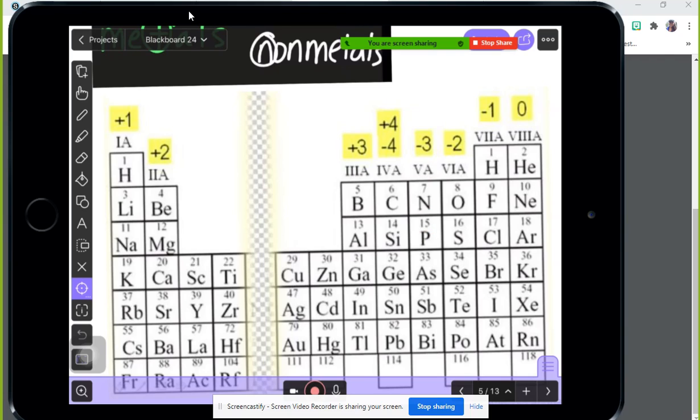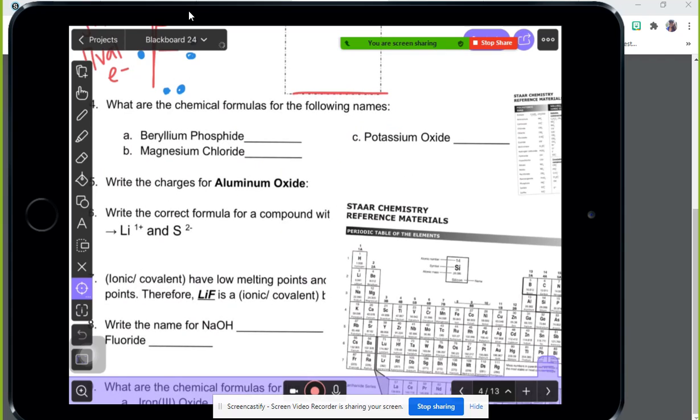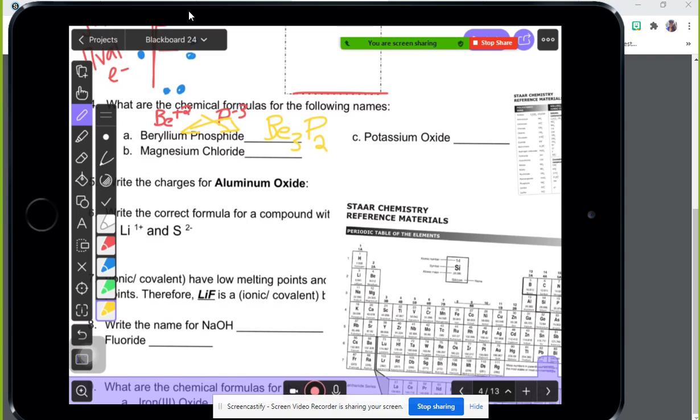So when you go to actually write the compound, you're going to have beryllium, so Be with a +2. Phosphorus, -3. Take those charges and you crisscross them. Be3P2. Sorry for that.